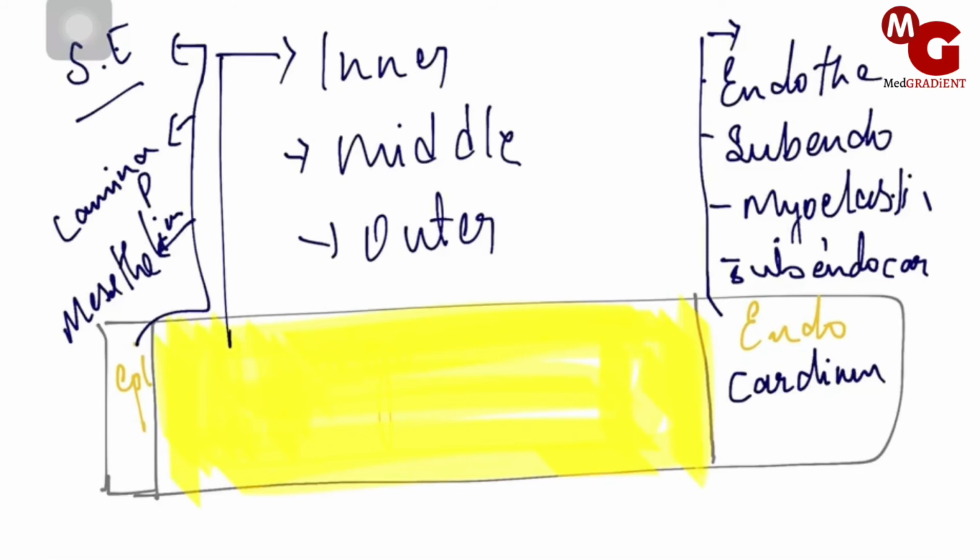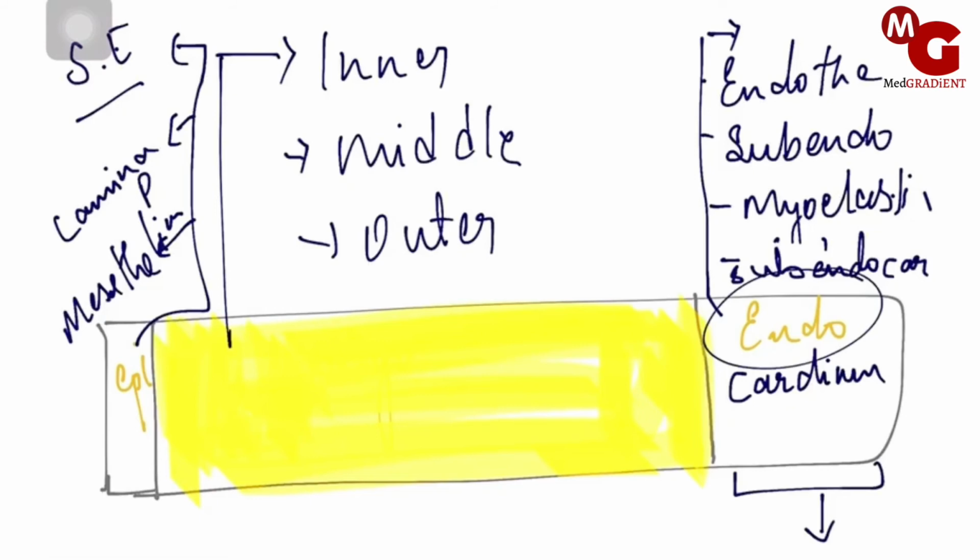So let's start from the inside. We start with something called the endocardium, right? The endocardium is the structure inside, on the screen towards your right, the extreme right structure. It is towards the blood inside the heart.